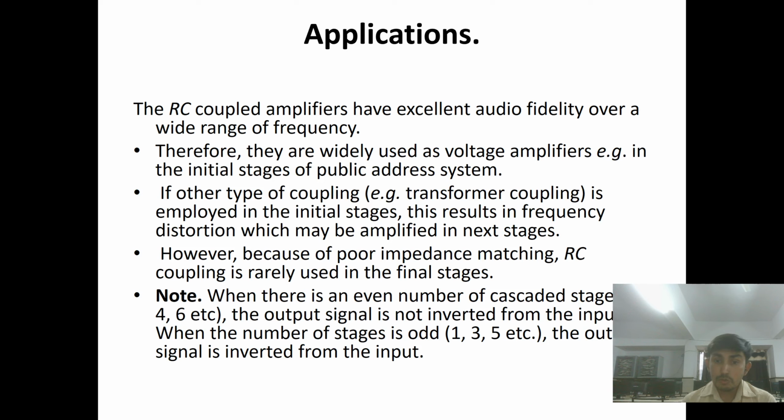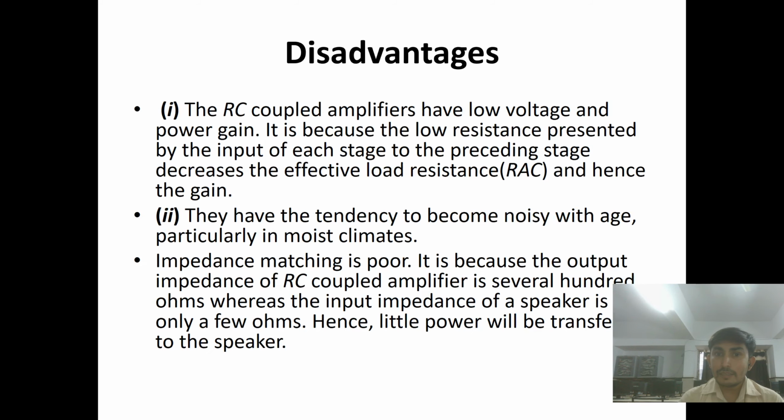When there is an even number of cascading stages, 2, 4 or 6, the output signal is not inverted from the input; they are in the same phase. When the number of stages is odd, the output signal is inverted from the input, which means they are out of phase.